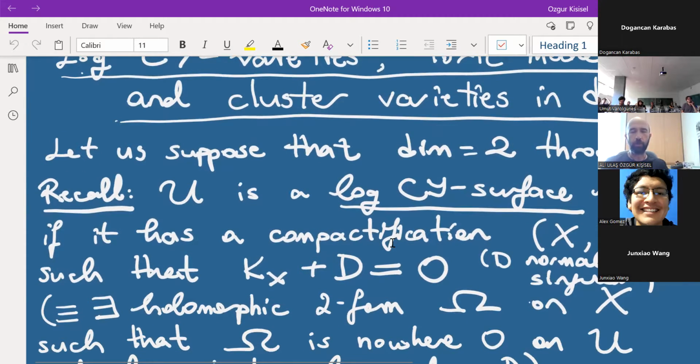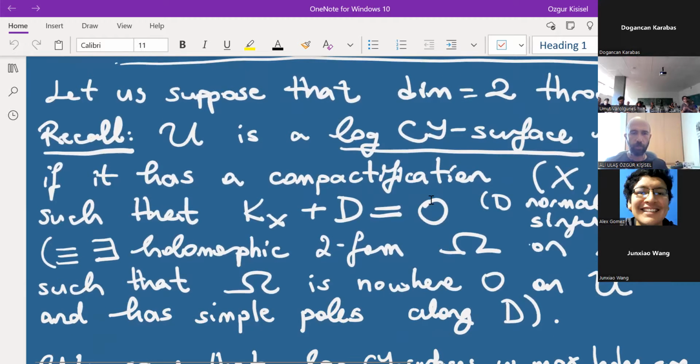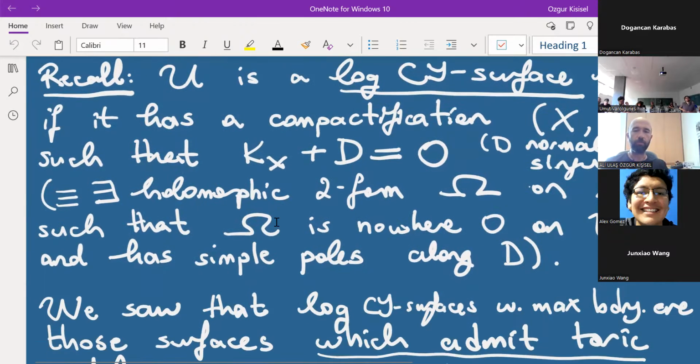Recall that this means it has some compactification X, D, such that the canonical class of X plus D is 0, and D is normal crossing and has at least one singular point. The other way to think about that was there exists a holomorphic 2-form omega on X, such that omega is nowhere 0 on U and has simple poles along D.